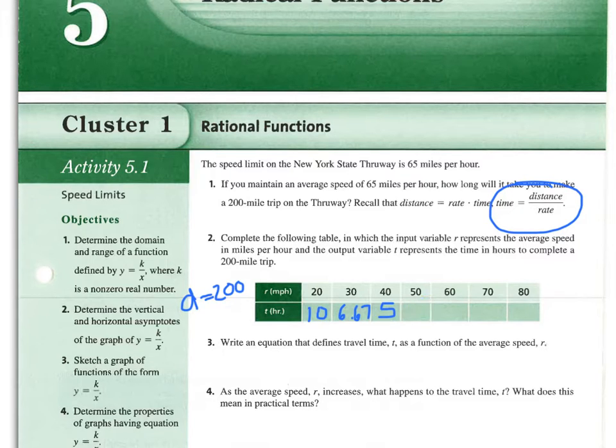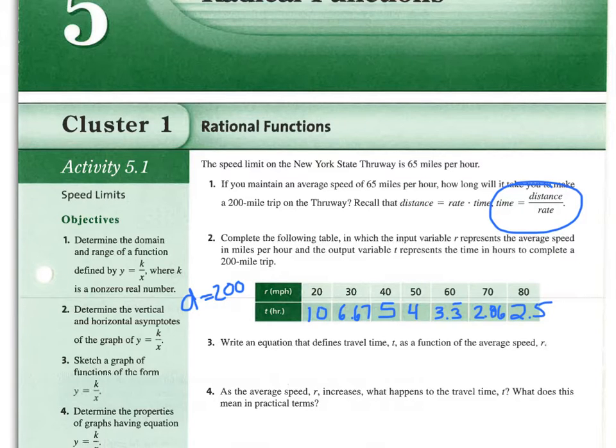I was one ahead. If I go 50 miles per hour, it will take me 4 hours. 60 miles per hour will take me 3.3 repeating hours. If I go 70, which I think in this case we are saying is already speeding, it takes me 2.86 hours. And if I go 80, it will take me 2.5 hours.